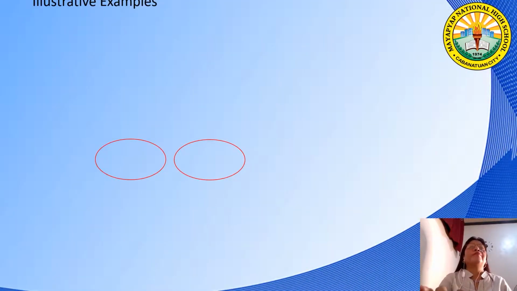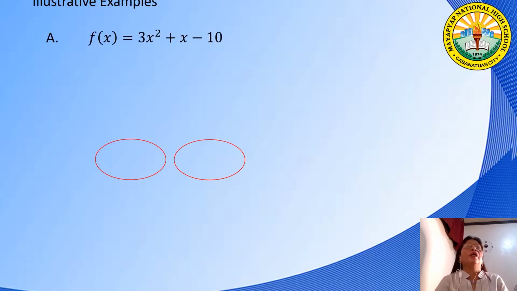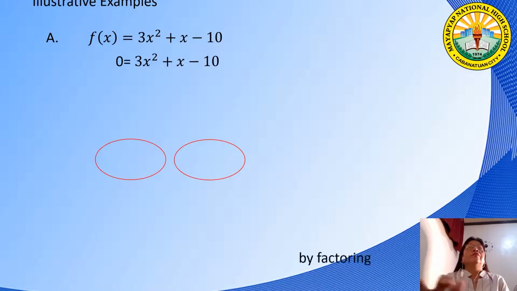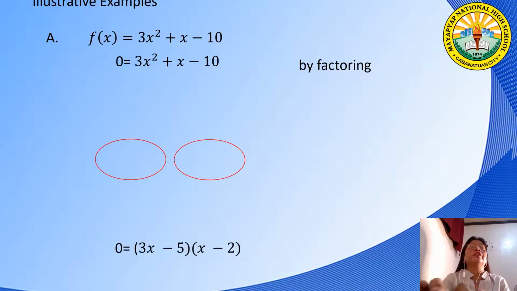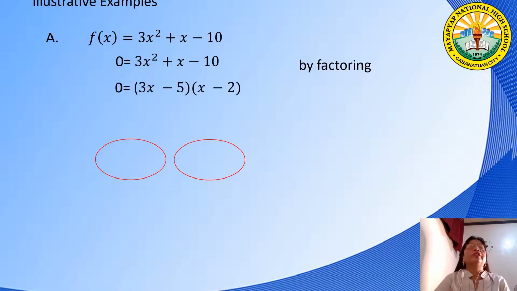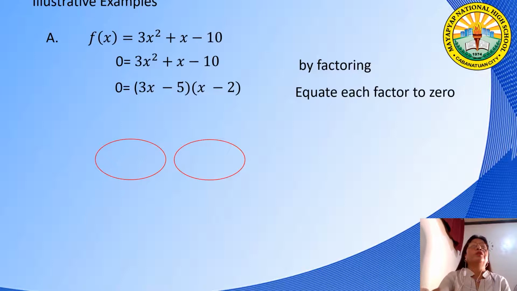Let's have some examples. f of x equals 3x squared plus x minus 10. By factoring 3x squared plus x minus 10, the factors are quantity 3x minus 5 multiplied by quantity x minus 2. And then equate its factors to 0.